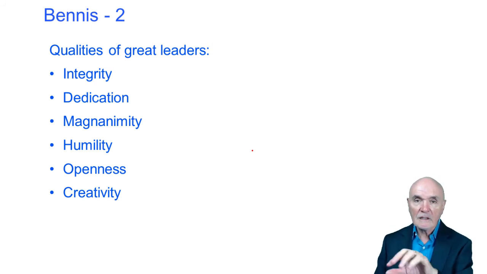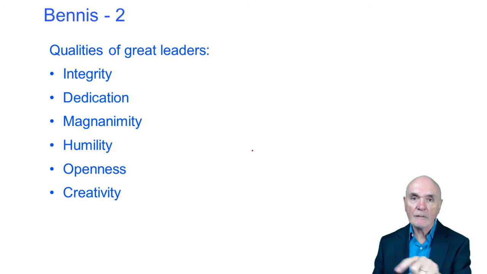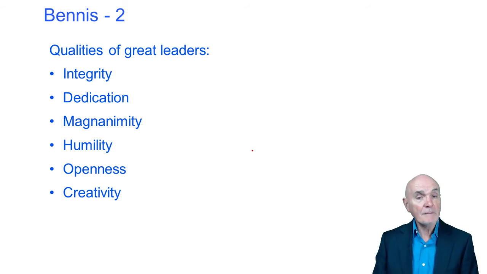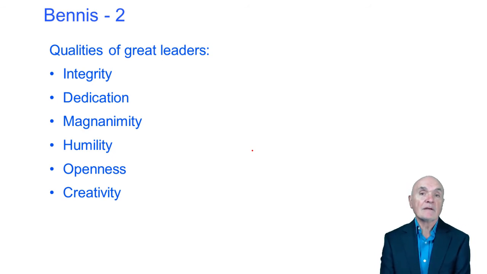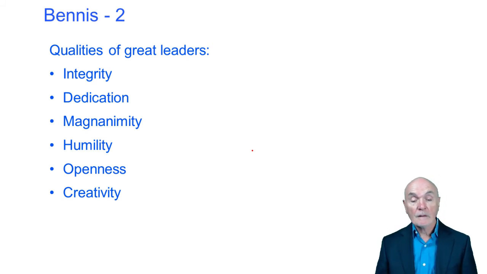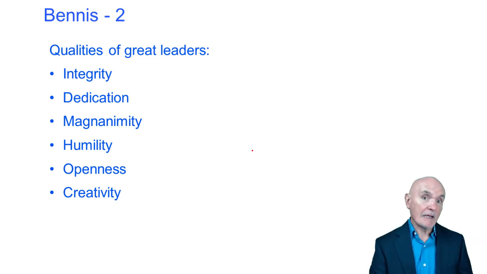Bad leaders are always finger pointing, saying it's everybody else's fault except mine. Humility, for example, means recognizing that it's the team that is responsible for success, not the manager. Openness kind of links with integrity a little bit. Tell people what the problems are. Tell people, if they can't be promoted, tell them that they can't be promoted.